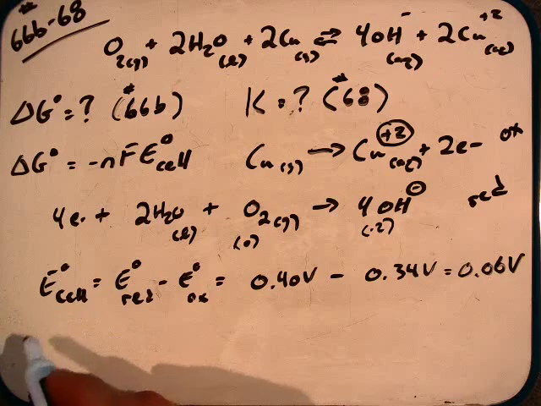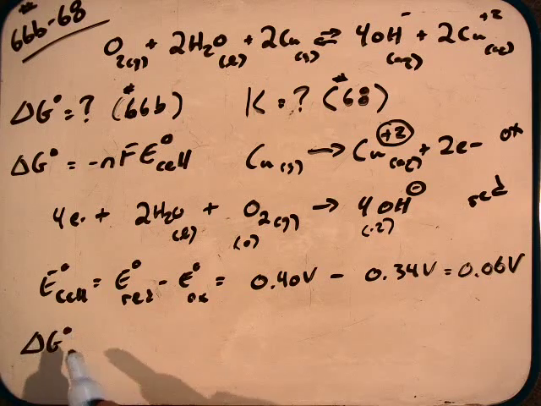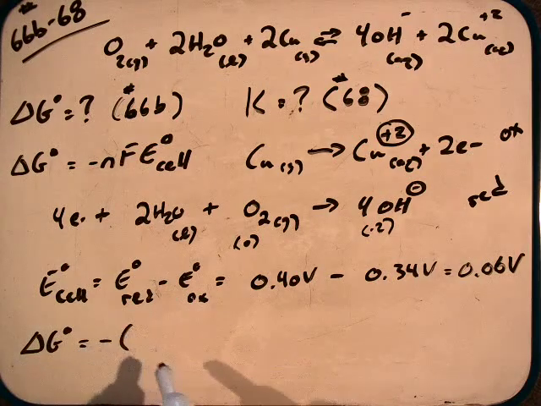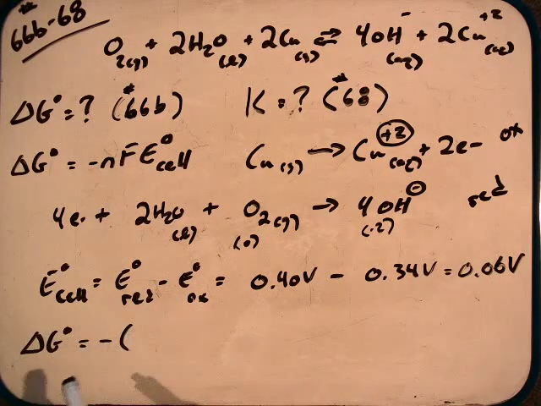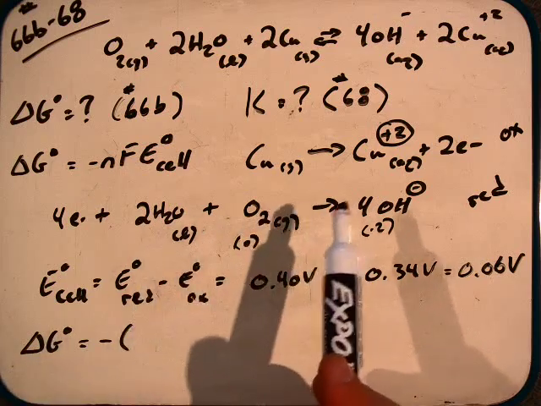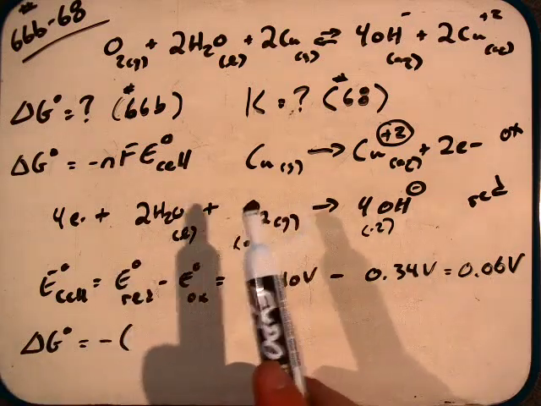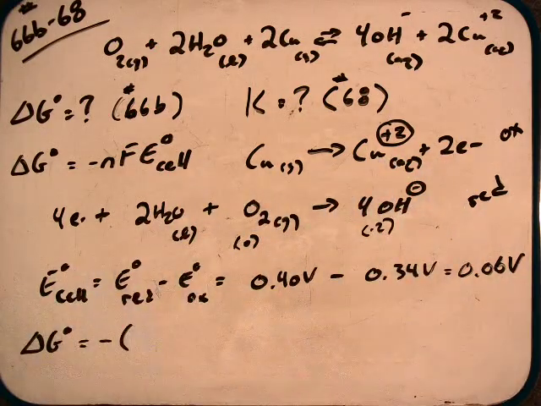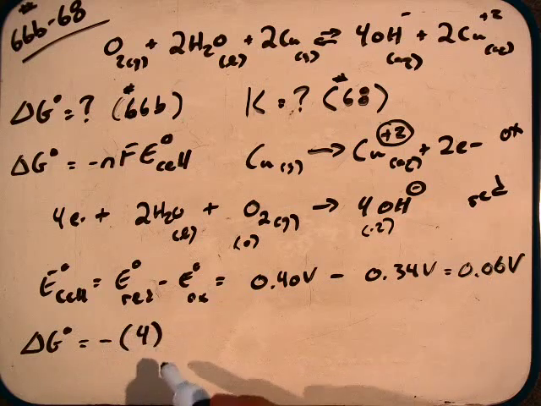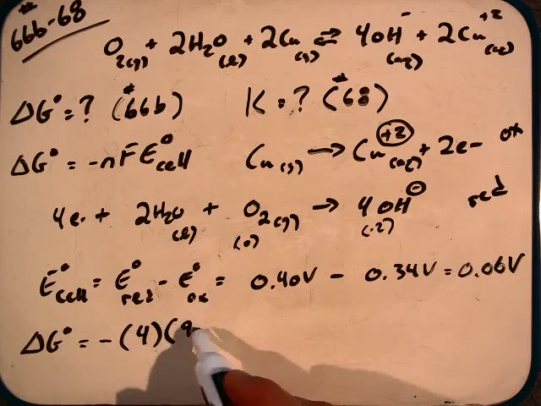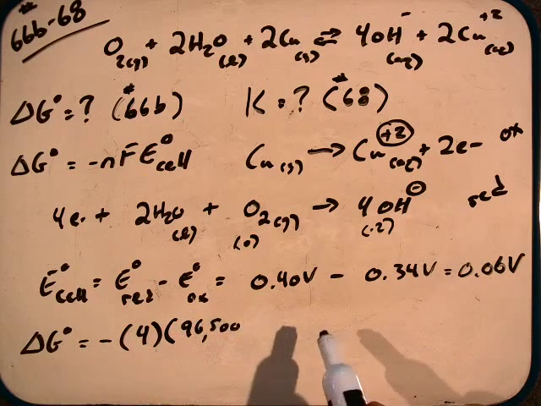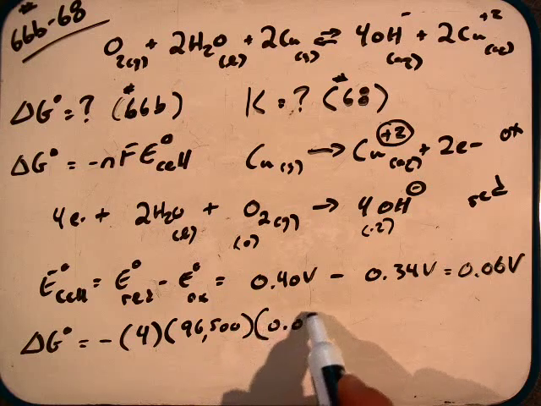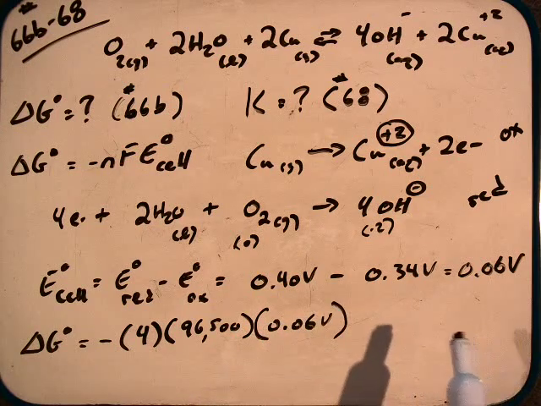Now that we have our cell potential, we can solve for our delta G using our Nernst equation, which is going to be the negative of n, our number of electrons being transferred. In order to get the balanced reaction, we'd have to multiply the top by 2. So really there's 4 electrons being transferred overall in the process. We have our Faraday's constant of 96,500, and then we have our cell potential, which is 0.06 volts.